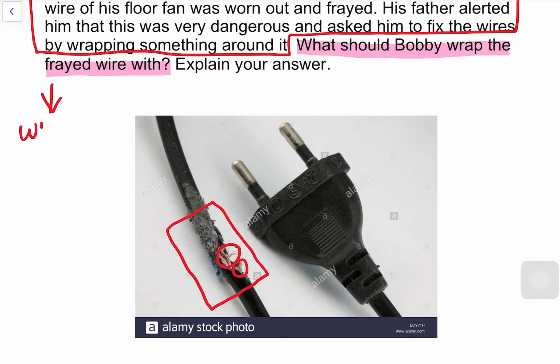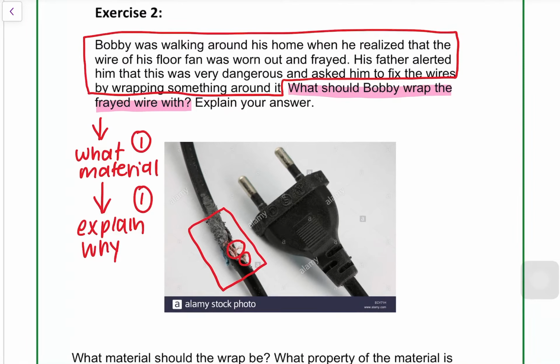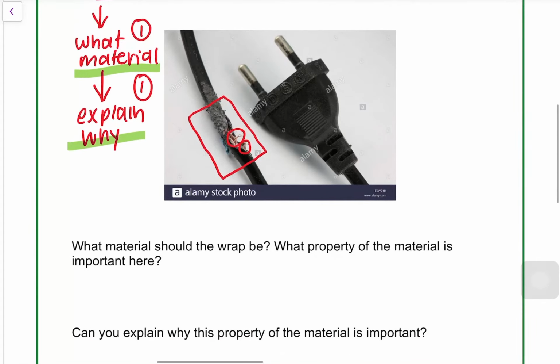One is asking me for what material, so this will be one mark, and the other mark would be to explain why. When we answer the question, we need to address both these parts, because in order to get the 2 marks, we have to provide a full answer.